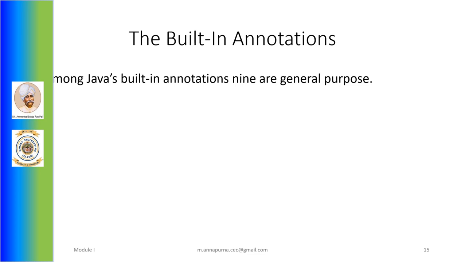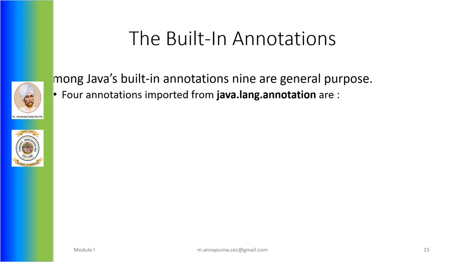The built-in annotations. Java defines many built-in annotations. Among the built-in annotations, most of them are used for special purposes, but 9 annotations are used for general purposes. Of these 9 general purpose annotations, 4 annotations are imported from java.lang.annotation.